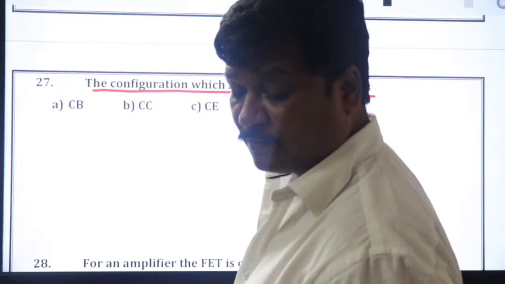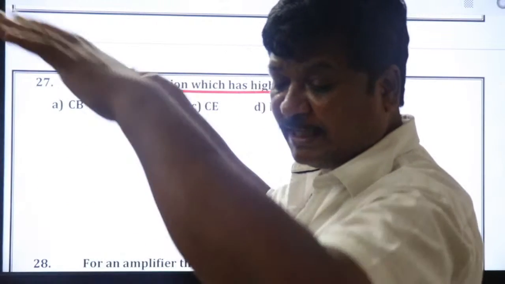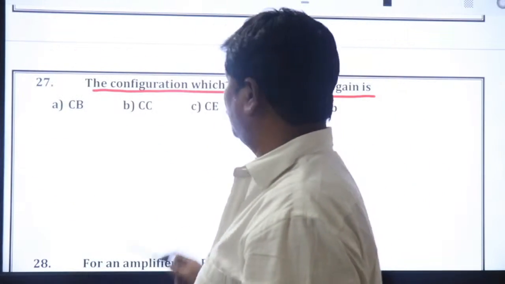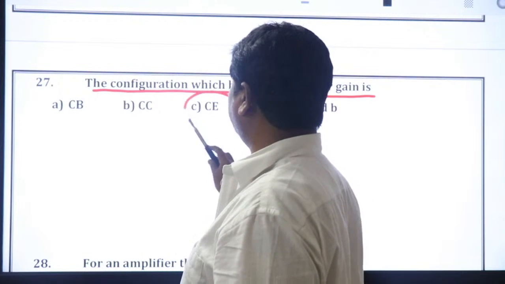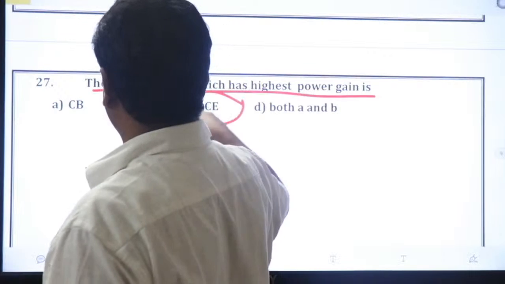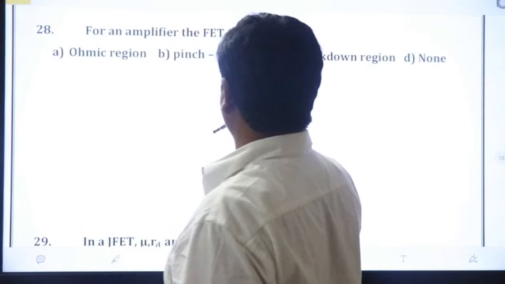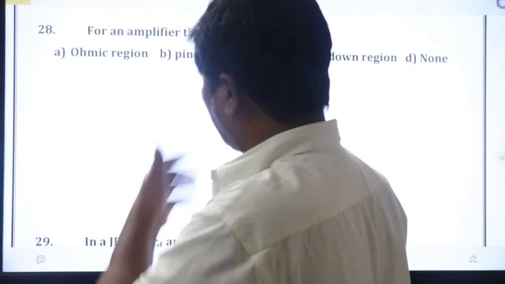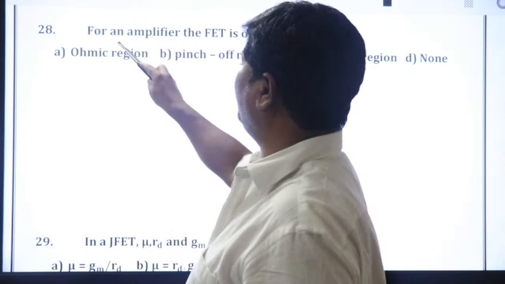This is a very beautiful question. All the questions are rotating in that area only, no? Power gain is highest in common emitter. Already we discussed that. This point also we already discussed.